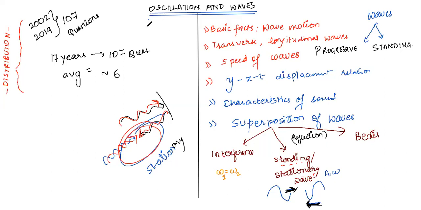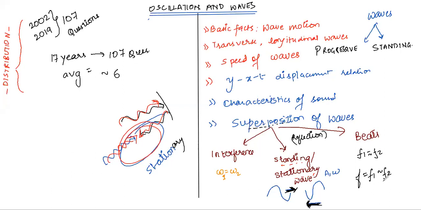So if the frequencies of the two waves are very close to each other, in such a case, beats are formed, right? And we say that the beat frequency is the difference of the frequencies of the two waves which are superimposing.